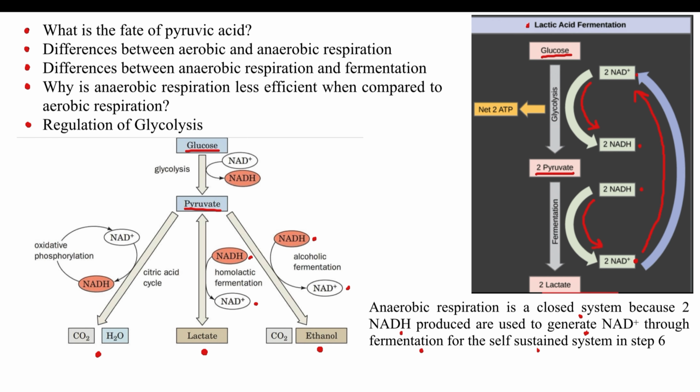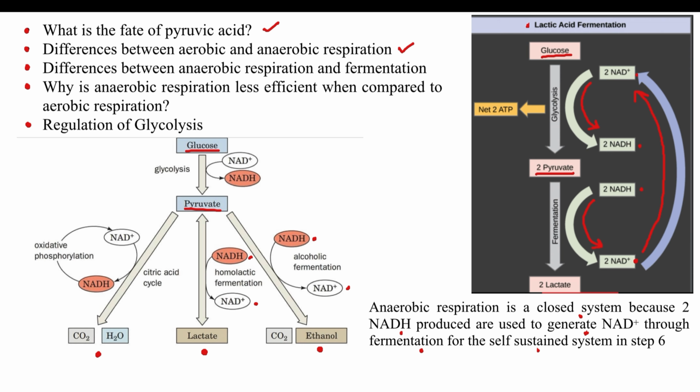The other thing which we ought to know is whether there is any difference between aerobic respiration and fermentation. Yes, there is. Anaerobic respiration does occur in some prokaryotes where you do not have the electron transport chain with oxygen as the final electron acceptor.